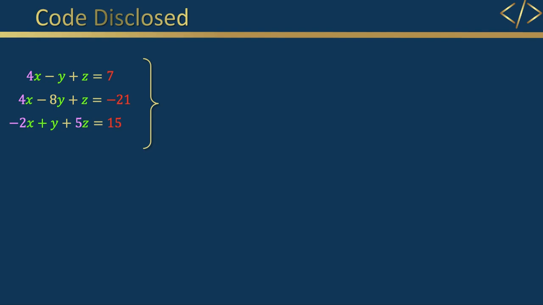We need to see if the Jacobi iterative method can be used here to solve these three equations. First of all, we need to check if these three equations are diagonally dominant. Let's put them in the Ax equals b form. A is the matrix of the coefficients of the unknowns. The first row is 4, minus 1, 1.